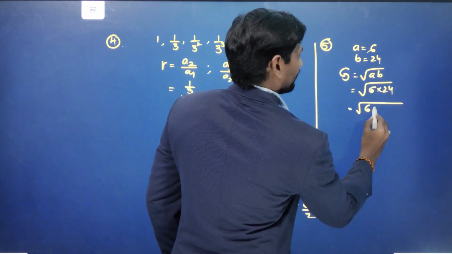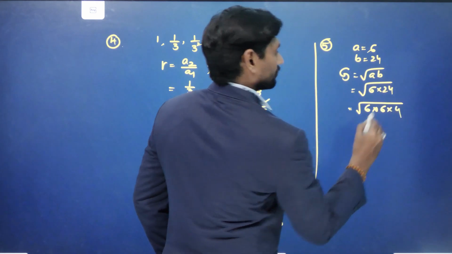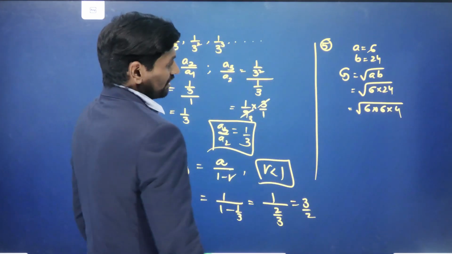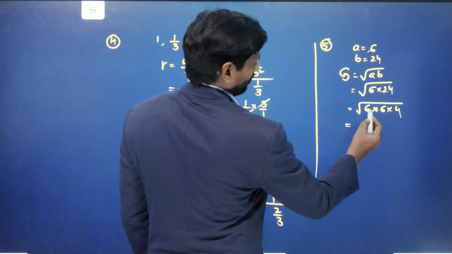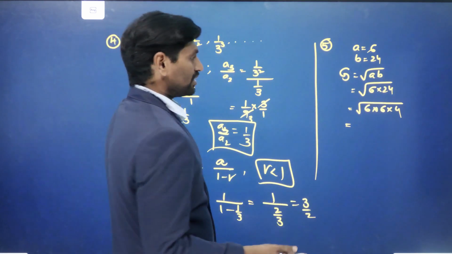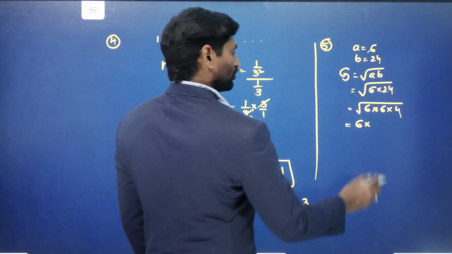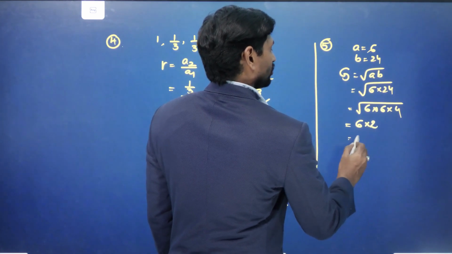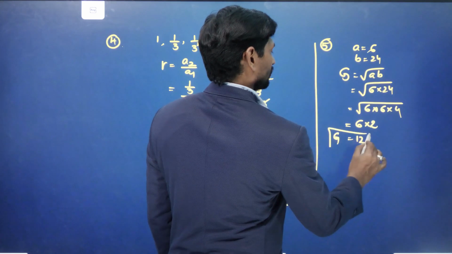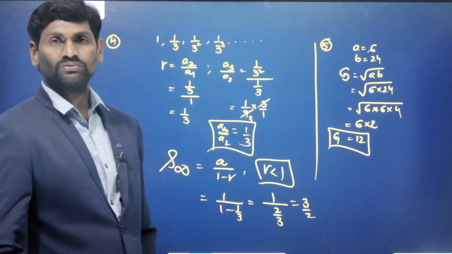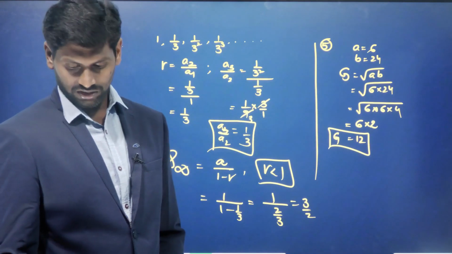I can write 24 as 6 into 4. Whenever it is under the root, if there are two same numbers, one of the numbers will come out of the root, and 4 is also a square number, you can write 2 square, then 6 into 2 is 12. Geometric mean of these two numbers is 12.